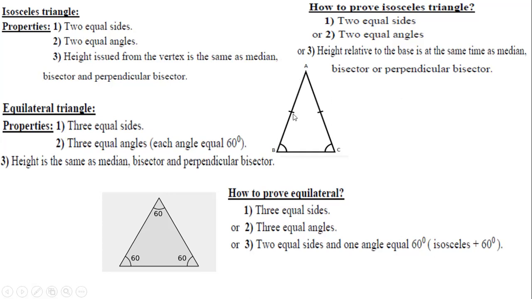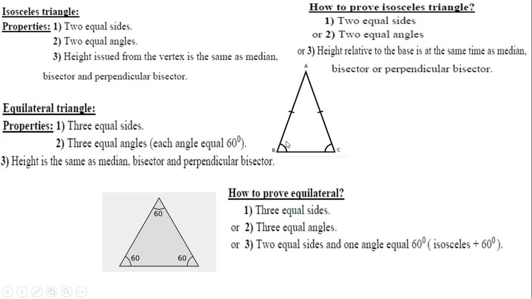Because there is a mark on side AB and the same mark is on side AC. So since side AB is equal to side AC, then this triangle is called isosceles of vertex A. Why is the special vertex A? We said before, always in an isosceles triangle, the equal sides are issued from the special vertex.